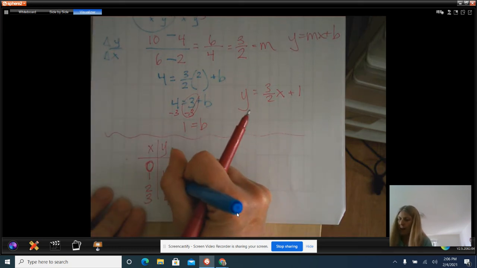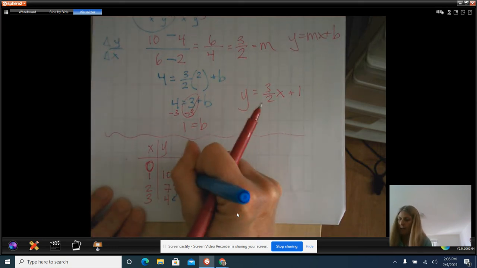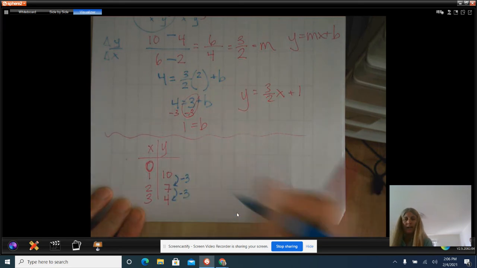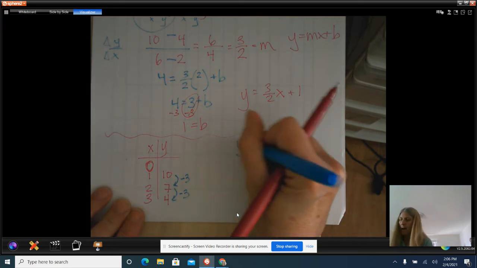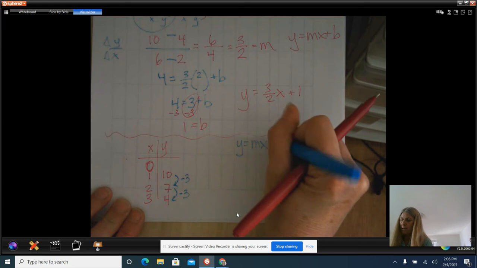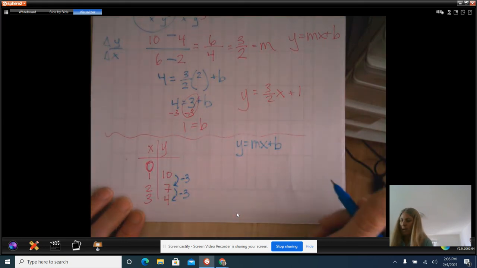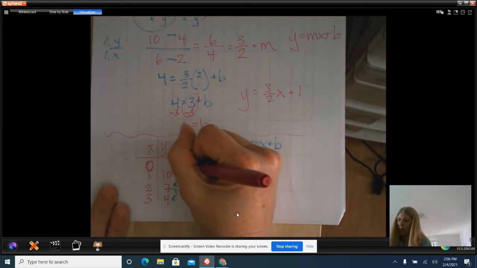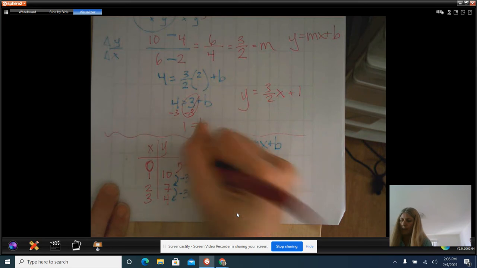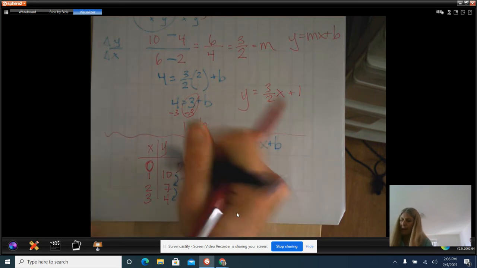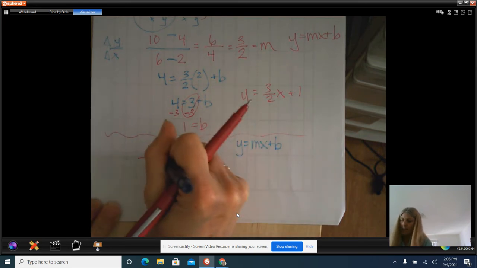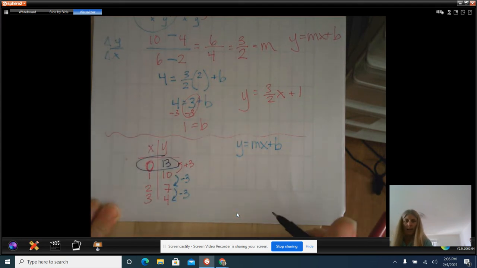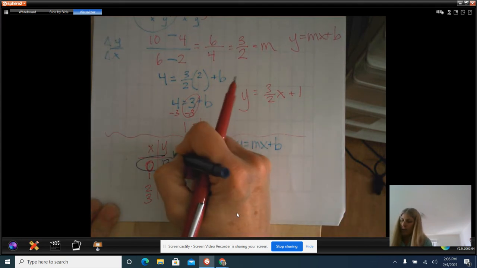So I see that my pattern is -3. Because it's a pattern of -3, I know that it is going to be a line. So I'm going to work backwards and do the opposite of subtracting 3, which is adding 3. And that shows me that I have a 0 of 13. And that, of course, is my b.